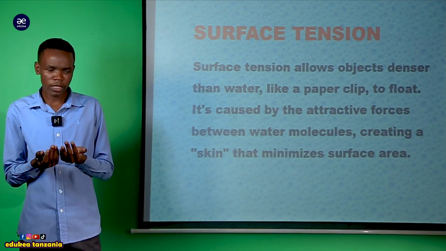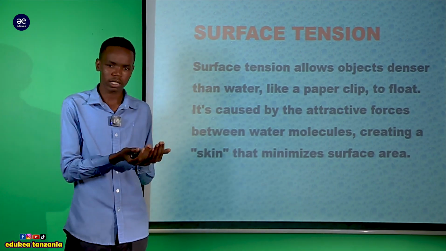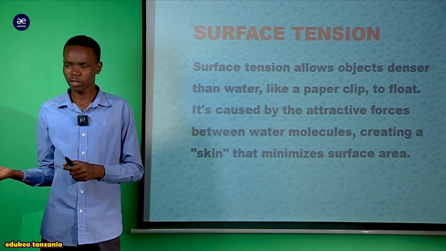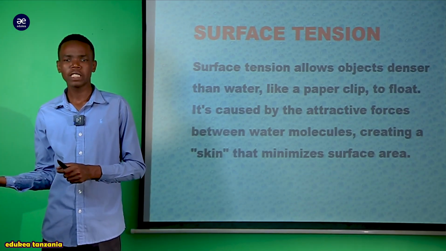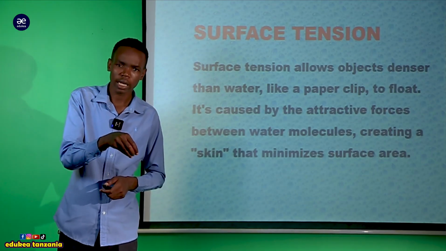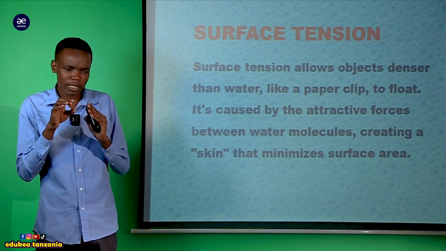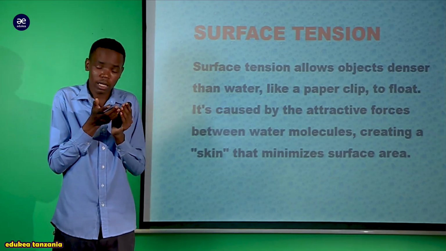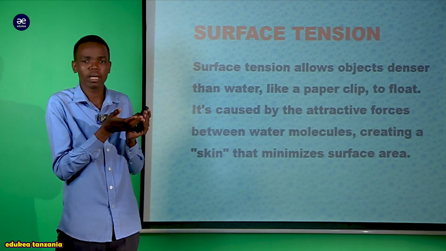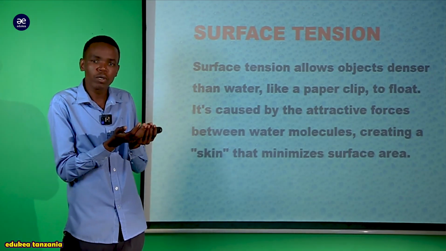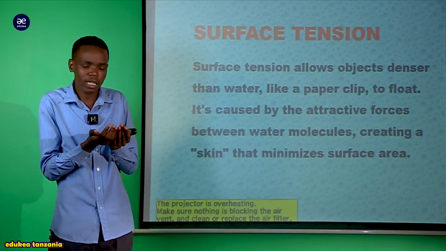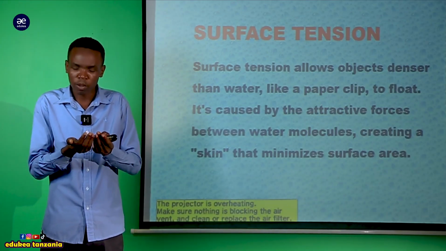If we take a small droplet, or a piece of paper, and drop it into the water, we see that the water shows some behavior, because it forms an elastic skin, a skin that has the tendency to stretch.